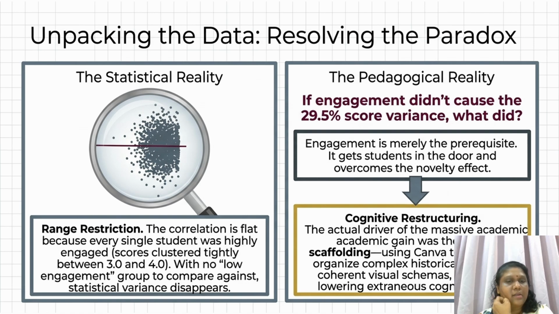Scores clustered tightly between 3.0 and 4.0, with no low-engagement group to compare against the statistical variance. So if engagement didn't cause the 29.5 score variance, what did? Engagement is maybe a prerequisite. It gets students in the door, and the outcome is the novelty effect.